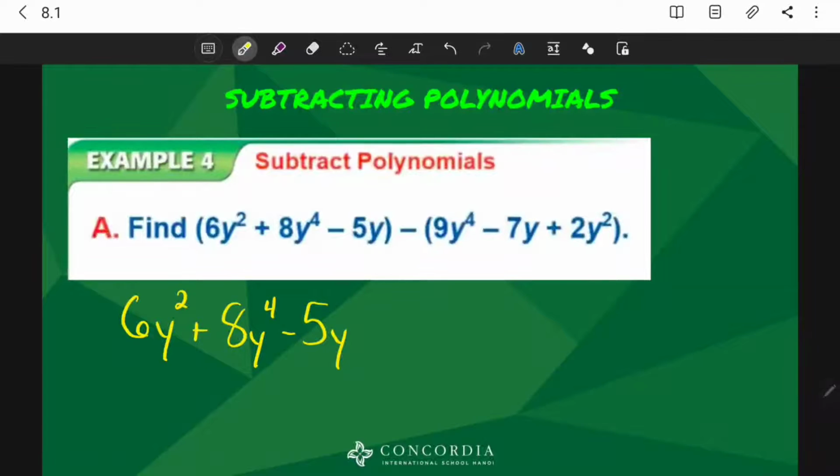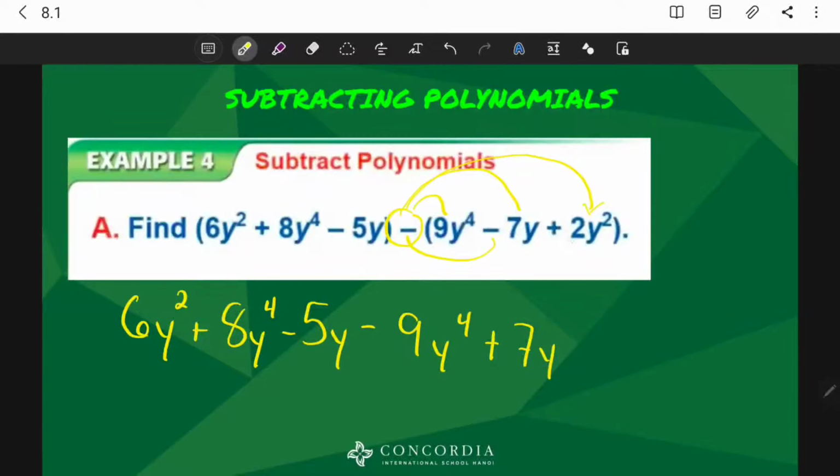I need to make sure I distribute this negative across all of these terms over here, which means they kind of reverse, so that negative 9 actually becomes, keep it, minus 9y to the power of 4. But a negative multiplied by a negative is actually going to give me a positive, so that's going to be positive 7y.